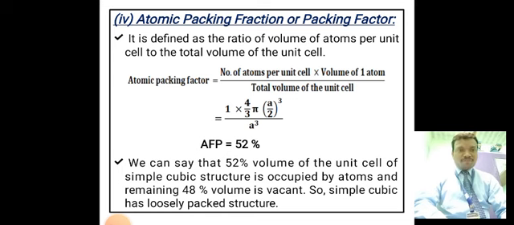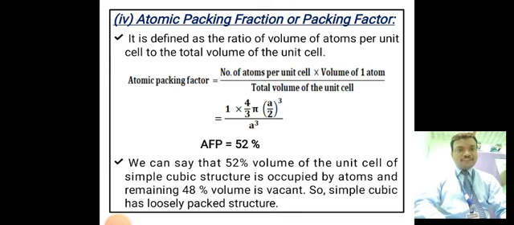Simplifying, the atomic packing factor is 52%, which means 52% of the volume of the unit cell of the simple cubic structure is occupied by atoms. The remaining 48% is vacant, so nearly 50% is empty.